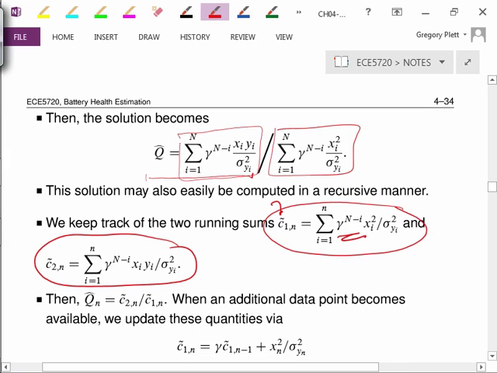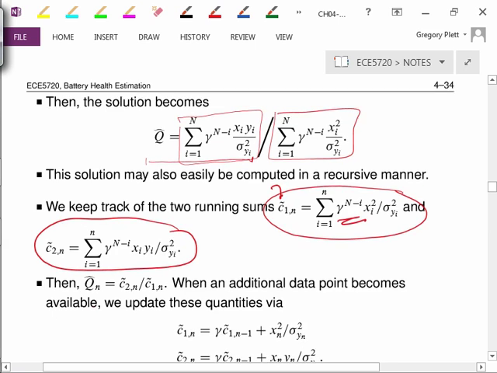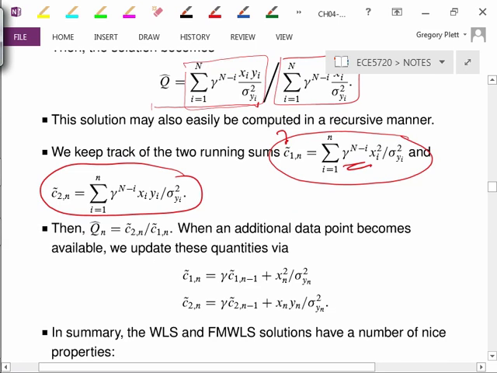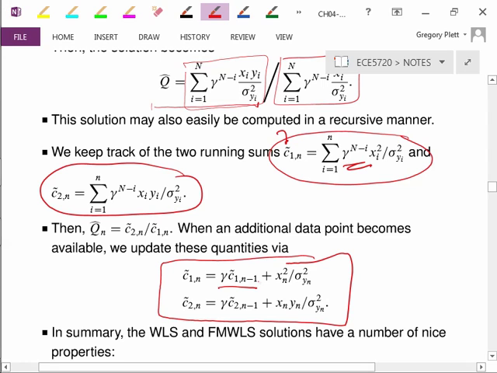So again, Q hat is C2 tilde divided by C1 tilde. Why did I use this funny weighting? Because it breaks down beautifully into this recursion here. C1 tilde is gamma times C1 previous plus the new data point, and C2 tilde is gamma times the previous C2 tilde plus the new data point.